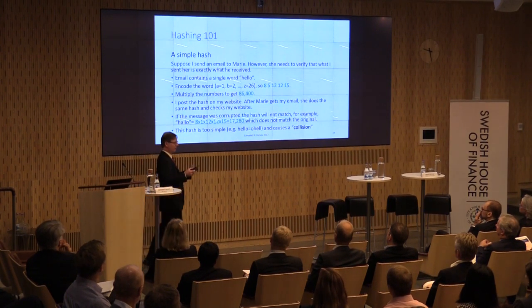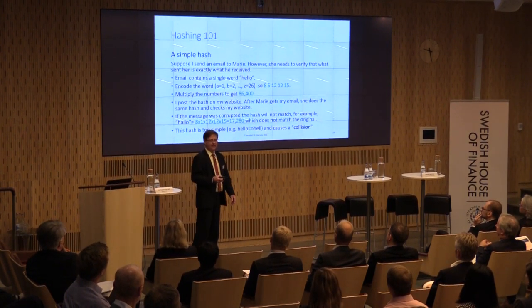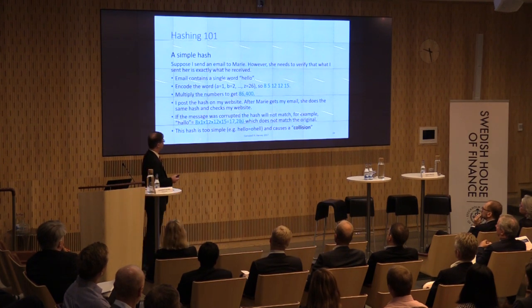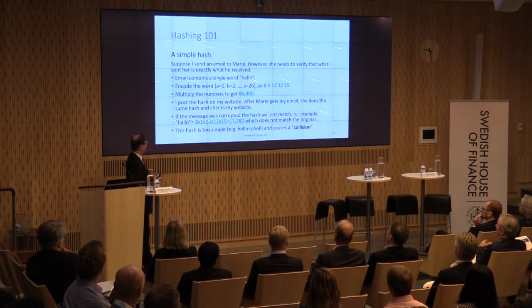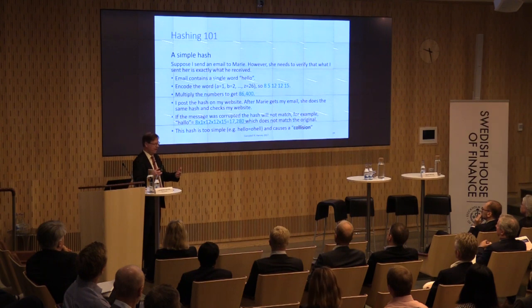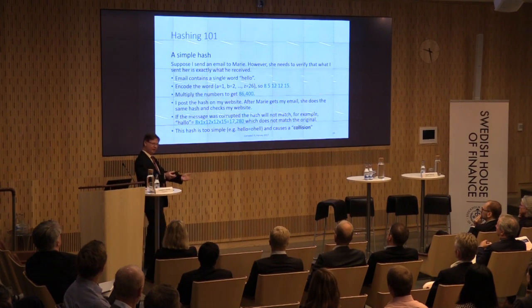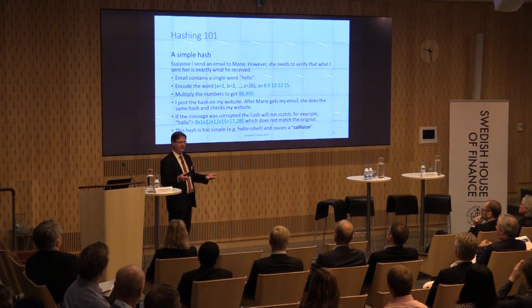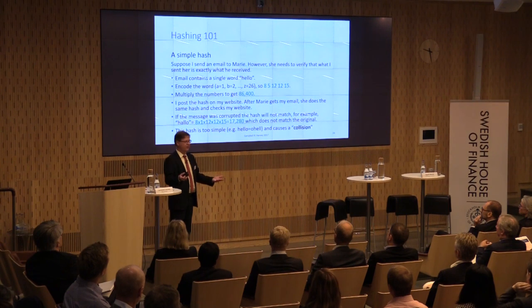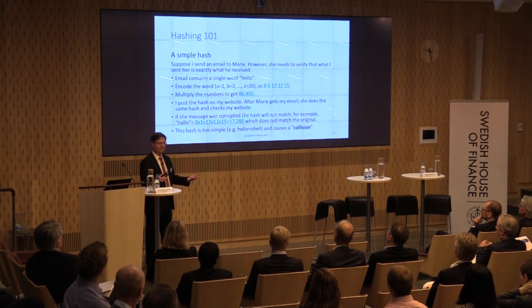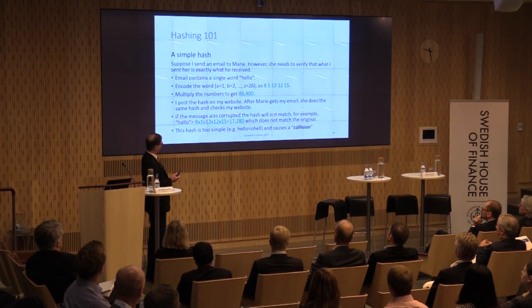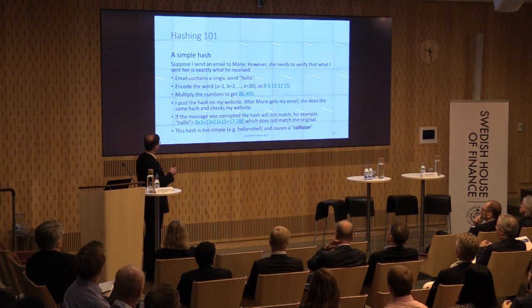So Marie knows my hashing algorithm, and what she does is get my message, and then she can do the same hash. I post on my website the 86,400. She does the hash of my message, gets 86,400, and she knows the message is secure. So if it was altered, I'll give an example.